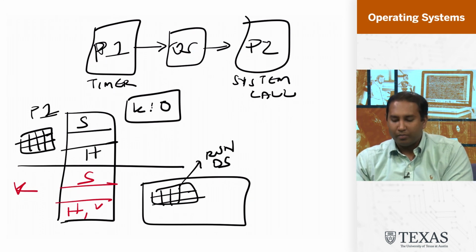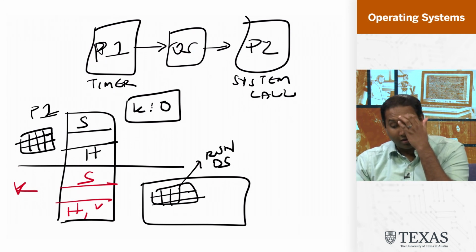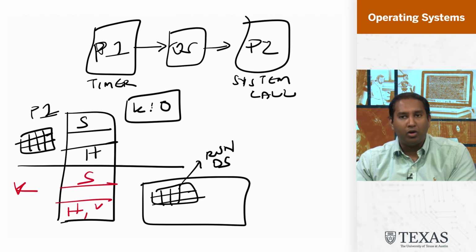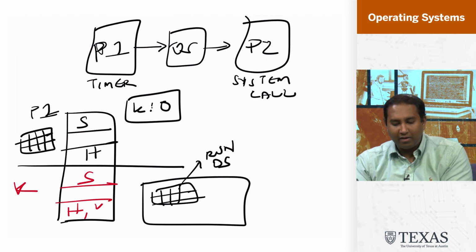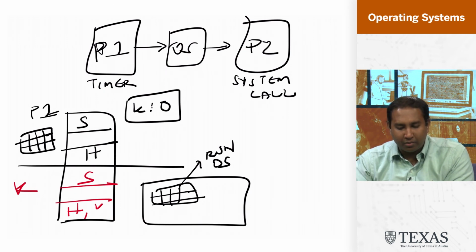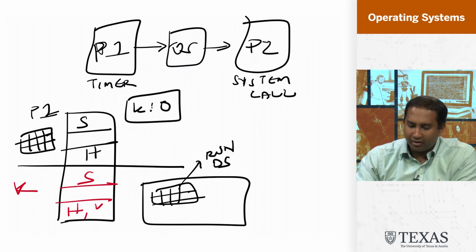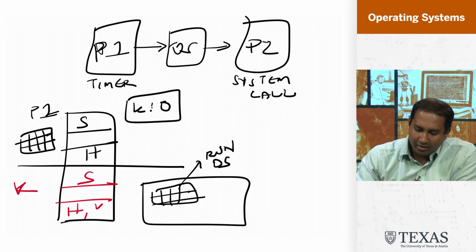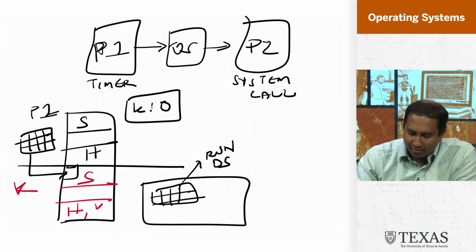Before you can run the OS, you need to do a context switch. Without saving the state of this particular process, there's nothing else that can be done. So the first thing that happens is that the state of P1 is saved in the kernel stack.